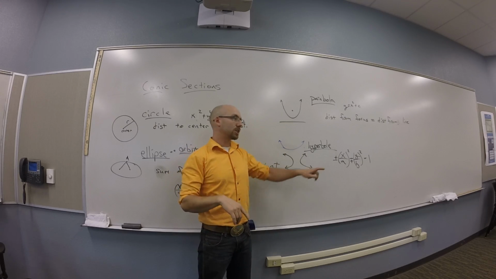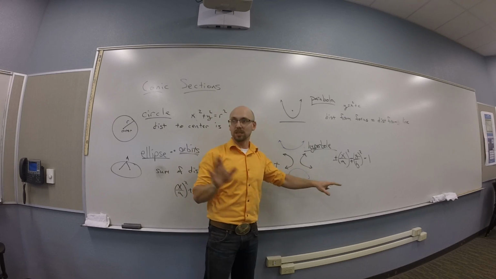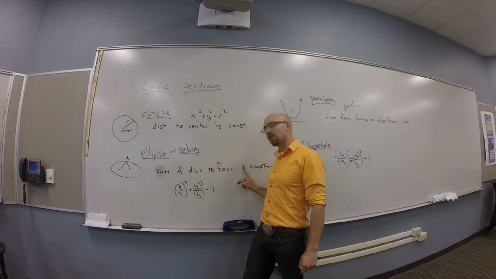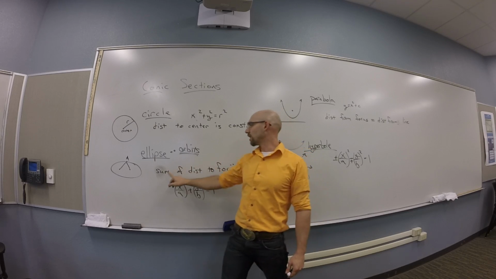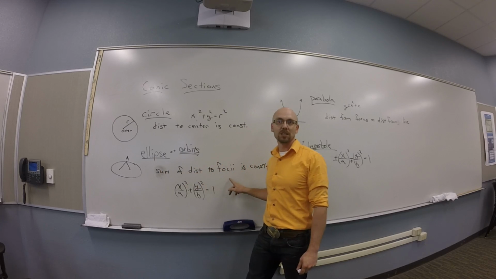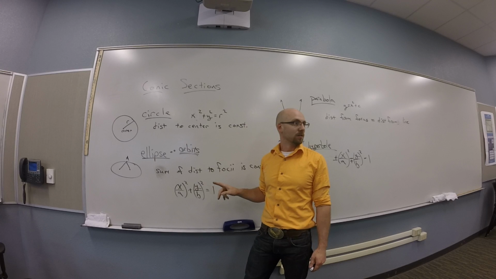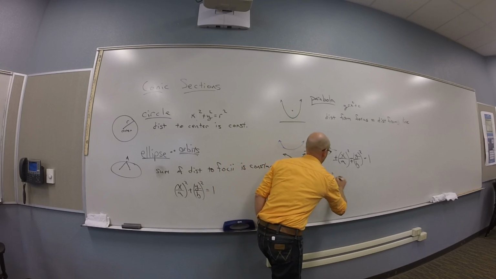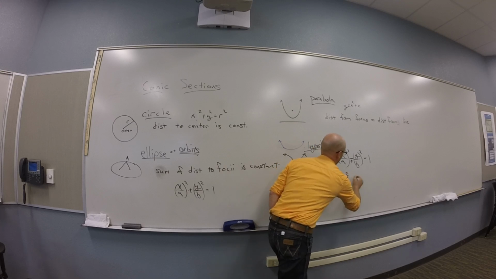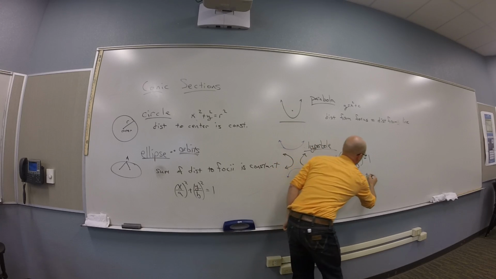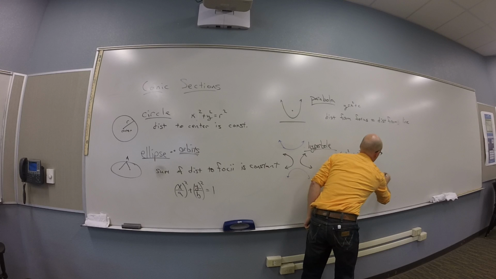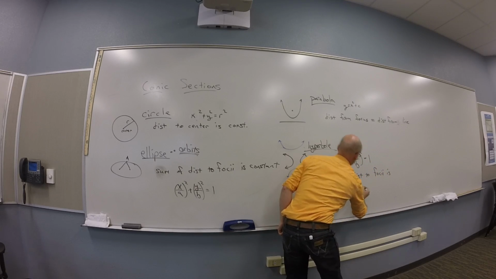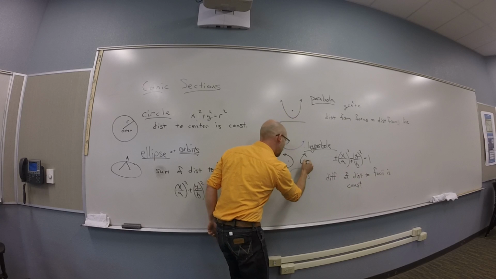So the way this is characterized in distance land is, instead of the sum of the distances to the foci being constant, we're doing the difference of the distances to the foci being constant. You guys see that? And the foci sit over in here somewhere.